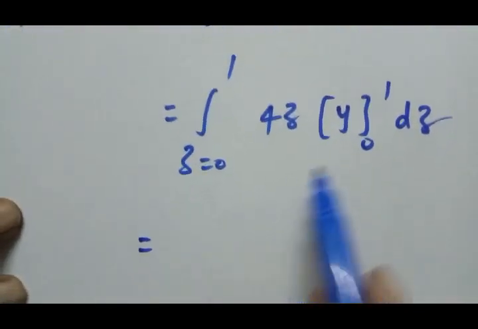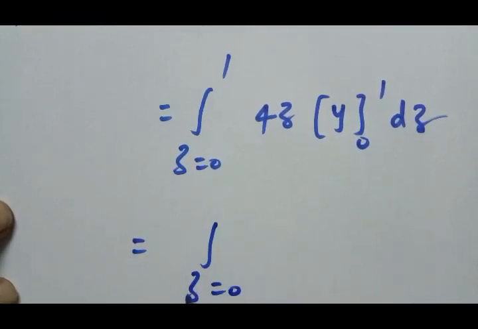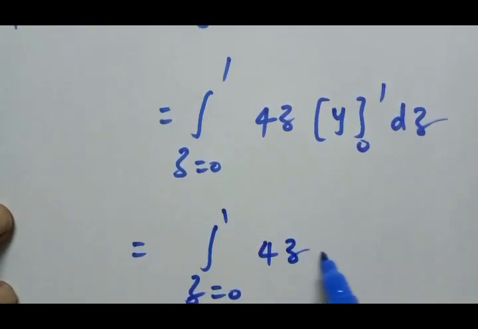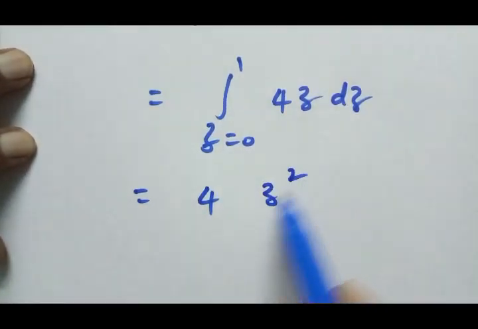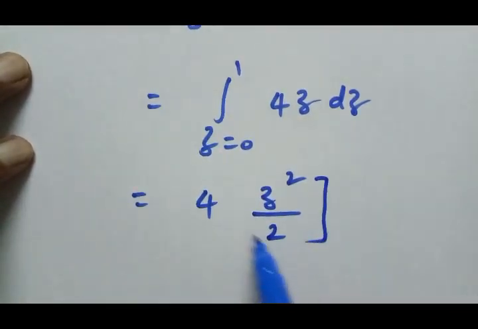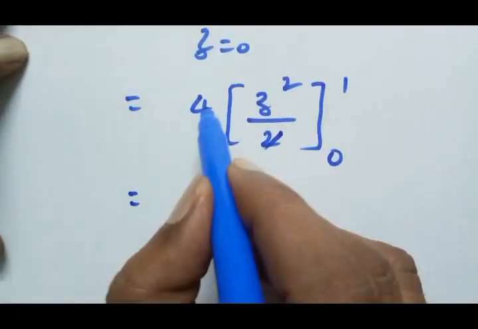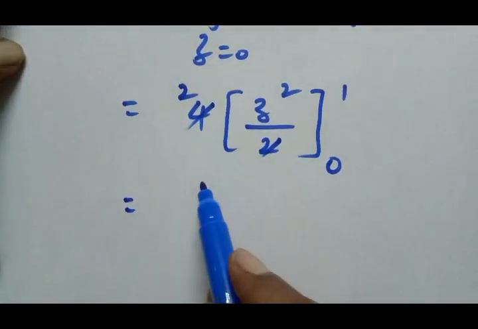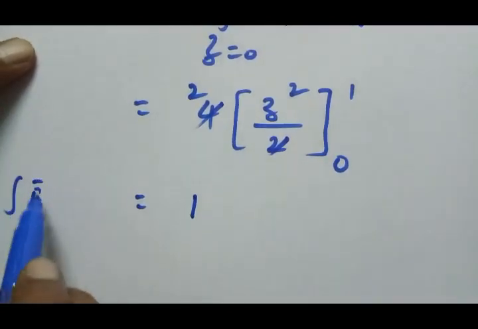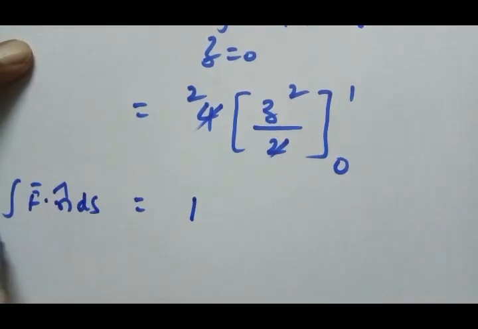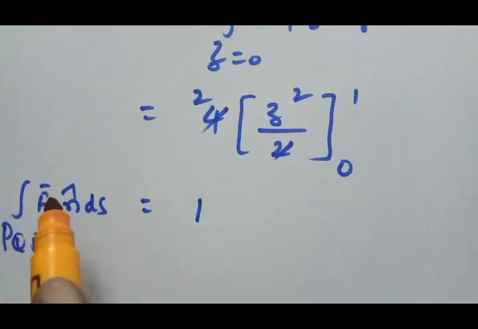The upper limit minus lower limit is 1 minus 0. Then z from 0 to 1, 4 into z, where 4 is constant, integrates to z square by 2, limits 0 to 1. Therefore, upper limit minus lower limit, 1 minus 0, so the integral of f bar dot n cap ds along PQRS is equal to 1.